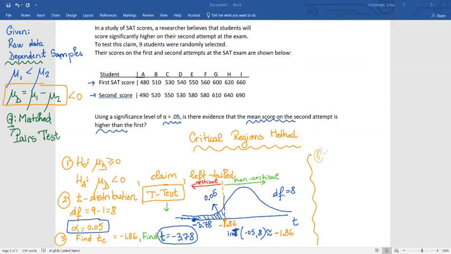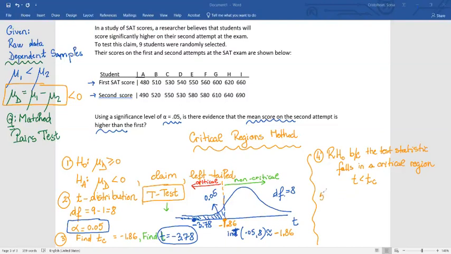We will say reject H sub 0 because the test statistic falls in the critical region. Or in other words, we can say because T is less than TC, and this being a left-tailed test will place T in the critical region.